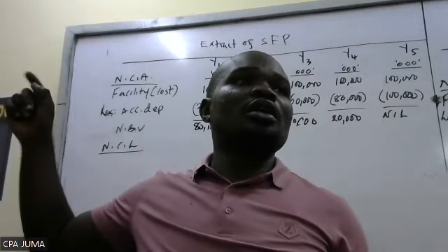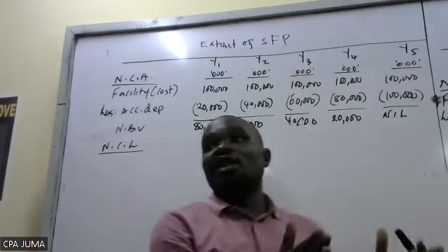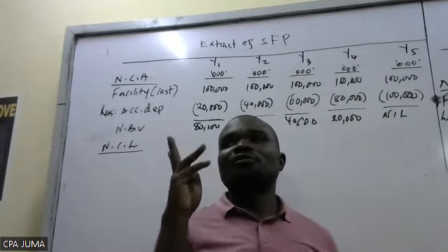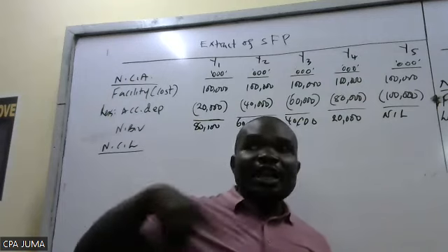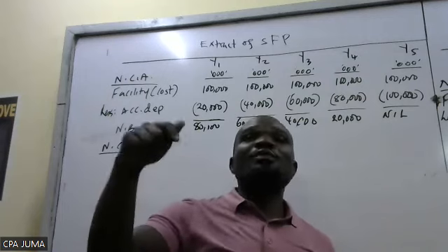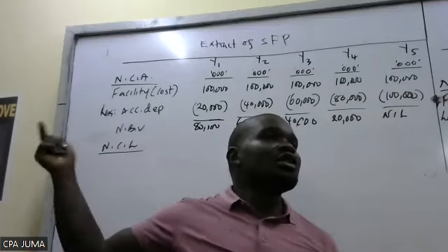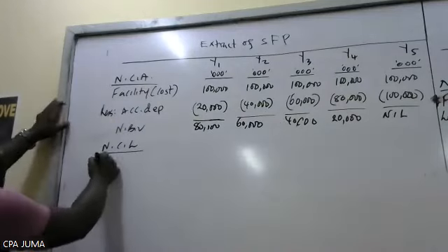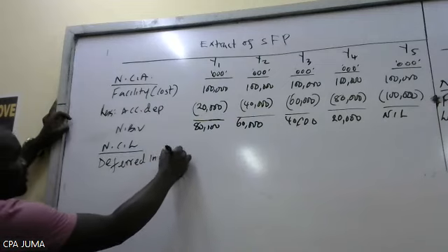Are we together? We got 20. At the end of year 1, we should have used how much? 4. We are remaining with 16. Unutilized funds is a liability on you because in case of anything, you have to return it. So it becomes a liability. It's called deferred income.